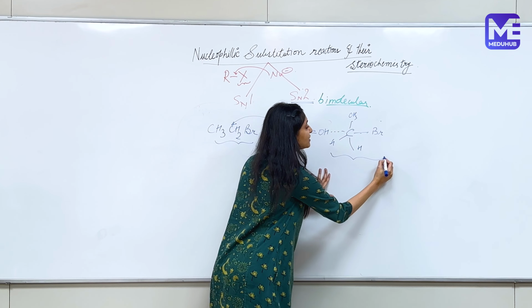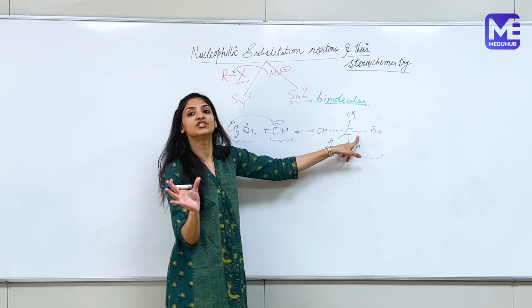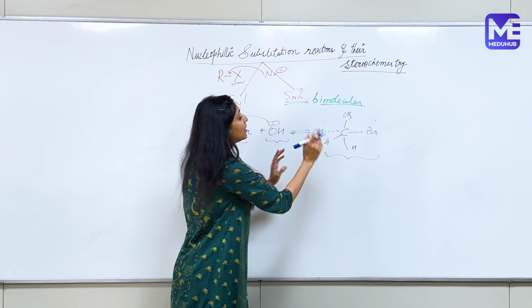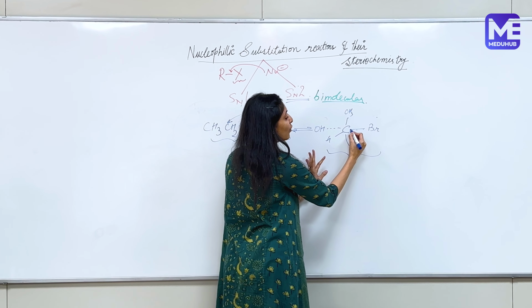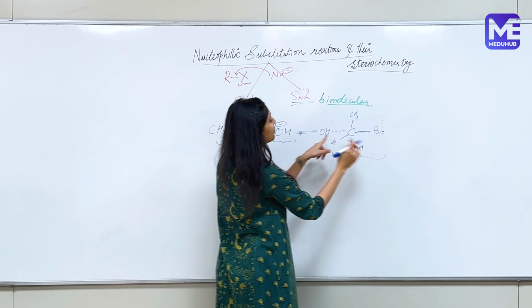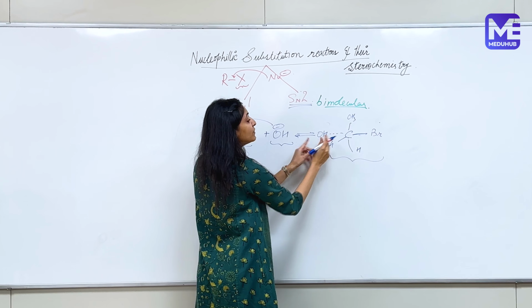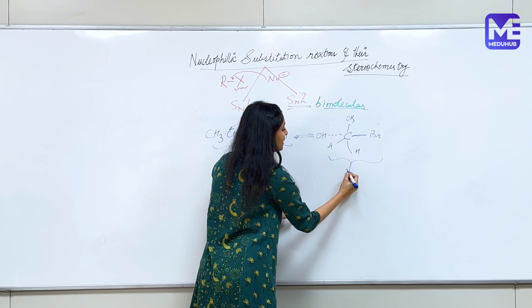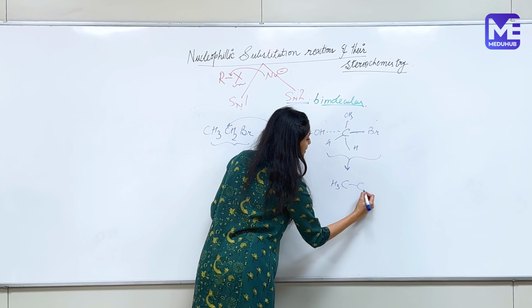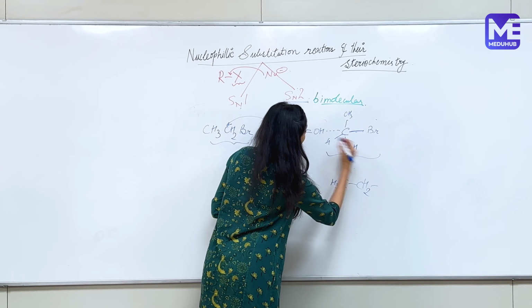Simultaneously in this transition state, the carbon has a covalency of 5, bonded to 5 atoms. The bond between carbon and bromine will slowly start to break, and the bond between OH and this carbon will slowly start to form, and we get the product as this primary alcohol.